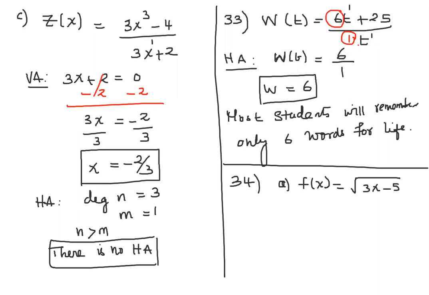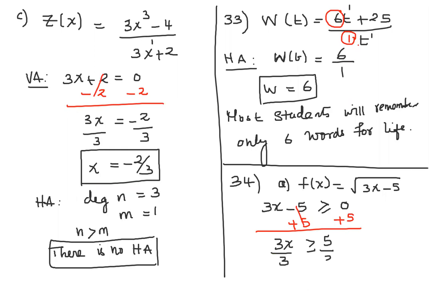However, for a square root function, the expression inside the square root should be greater than or equal to 0. That means it has to be positive. So you set it like this. Always take the quantity inside the square root and set it greater than or equal to 0 and solve for x. So we get x should be greater than or equal to 5 over 3.